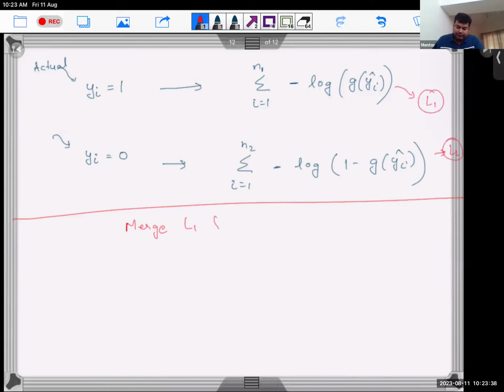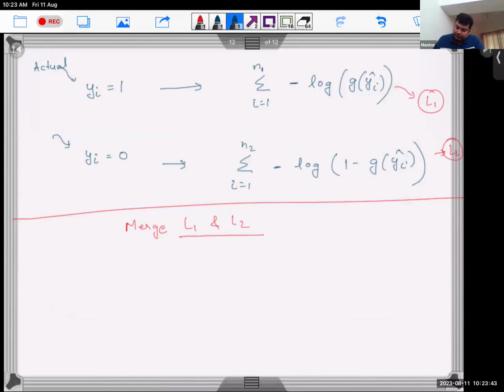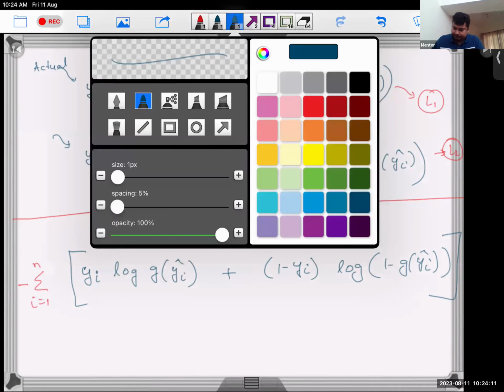I'm going to write it and then we will discuss. Okay, this is the loss function.